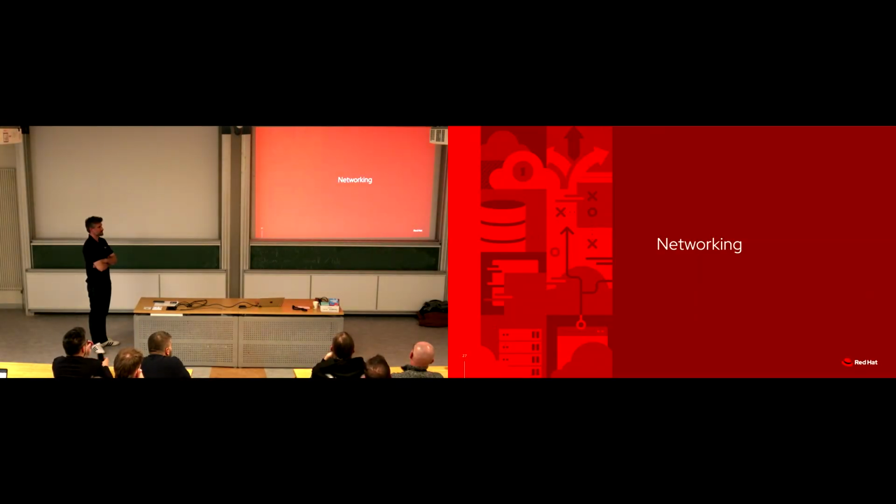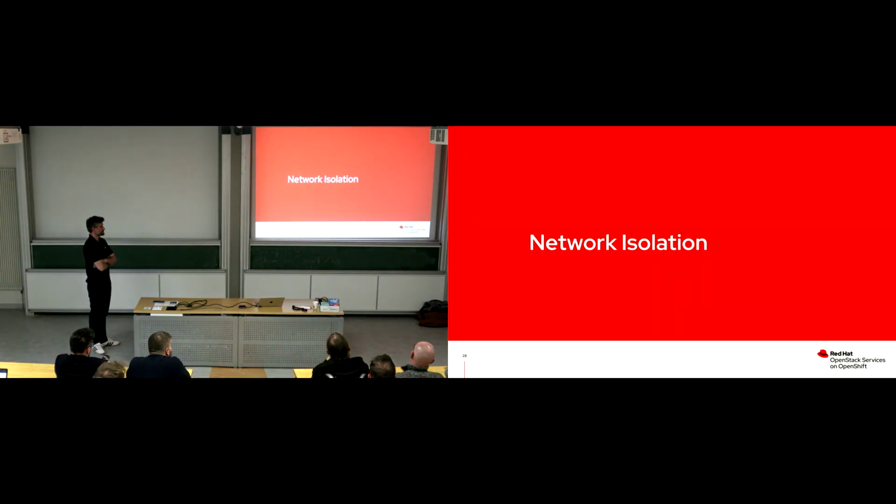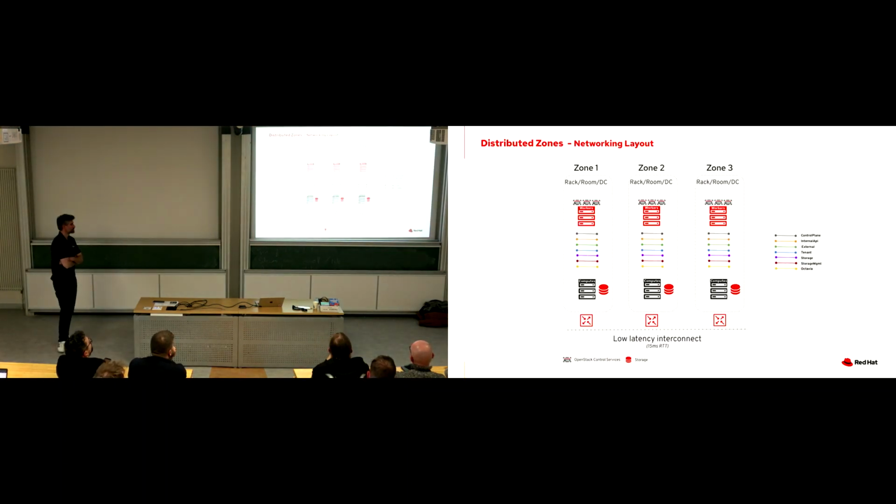Then I will talk about networking in Red Hat OpenStack Services on OpenShift. We rely on network isolation. For each traffic type, a separate network.